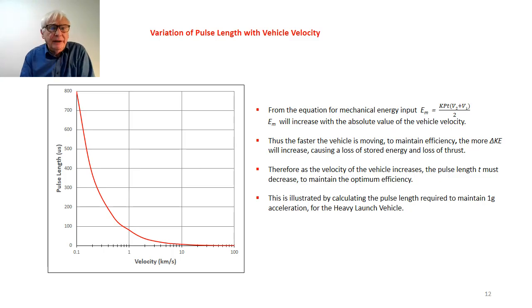And you can see that to maintain the 1g acceleration and the optimum efficiency for this vehicle, the pulse length needs to drop down from about 800 microseconds when you're running at a very small velocity of 0.1 kilometers a second. It drops down to well below 1 microsecond by the time you reach 100 kilometers per second.